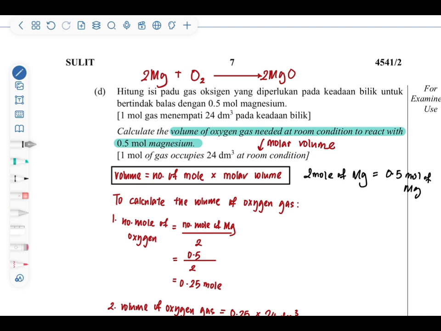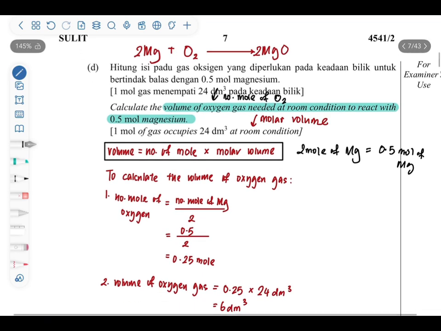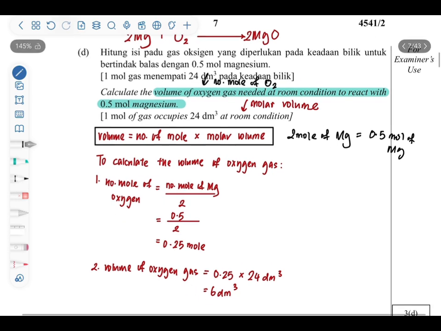But you need to notice that now you want to find the volume of gas. So for sure, we need to find the number of mole for oxygen. But it does not provide us any mass or volume of the oxygen, right? So we cannot find the number of mole directly.